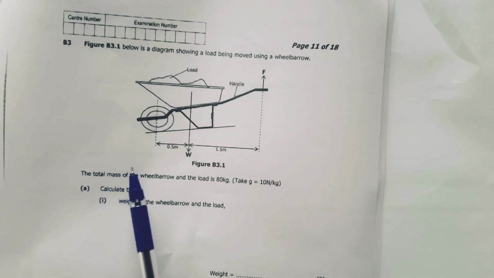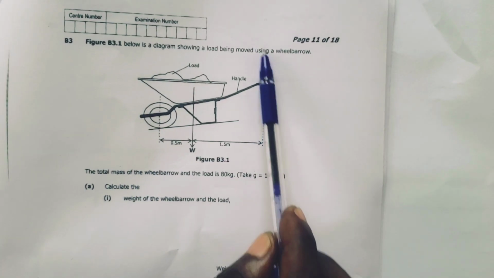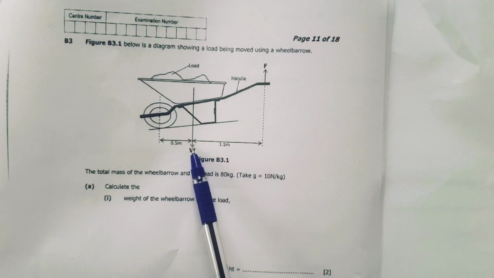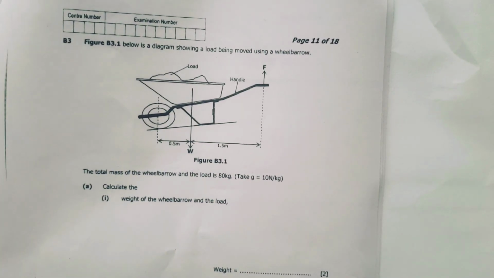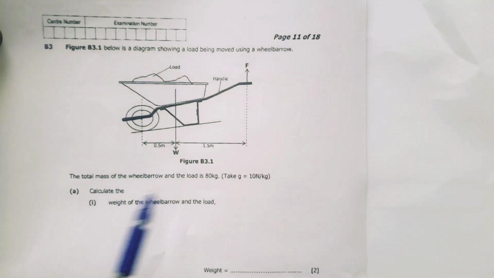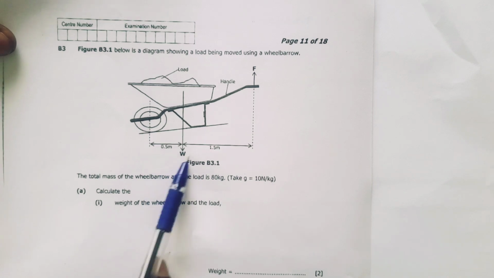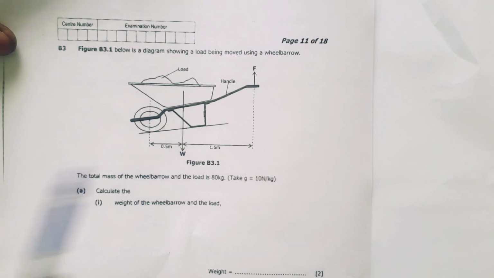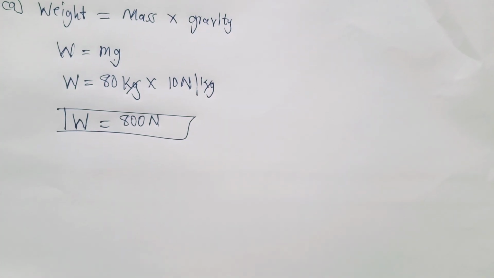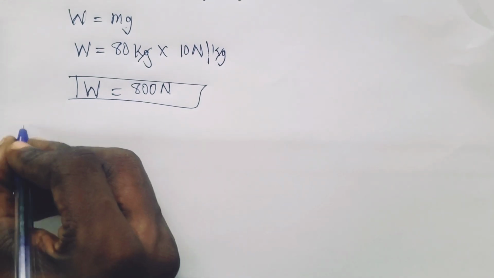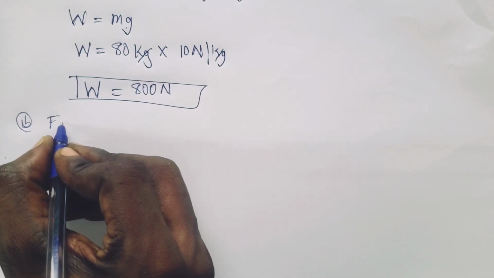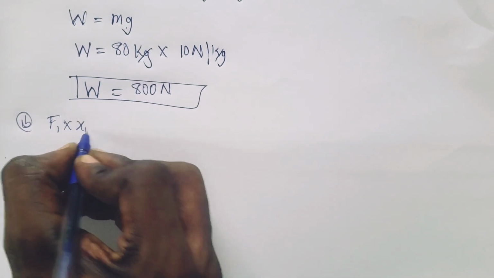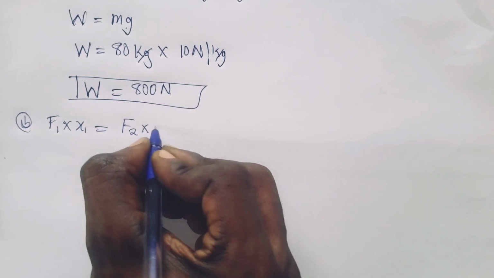So we have two directions here. The force F is going in the anti-clockwise, while the weight is going in the clockwise direction, and hence the principle of moments is established here. So what are we going to say? We will start with this clockwise moment, the weight. When we are dealing with the principle of moments, we always say force 1 multiplied by distance 1 is equal to force 2 multiplied by distance 2.